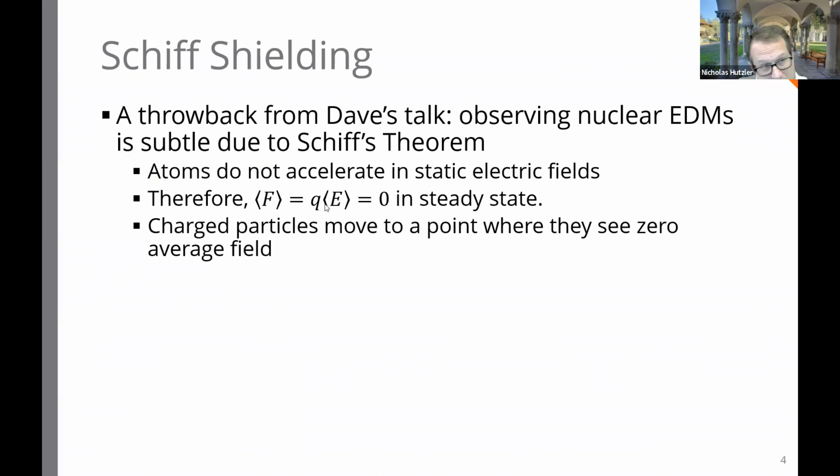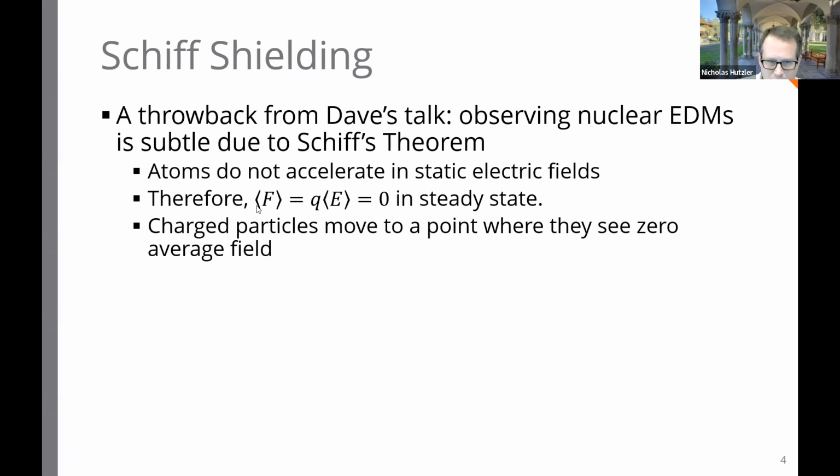So to remind you, to go back a bit, something that Dave talked about earlier: observing any EDM, not just nuclear EDMs, in atoms or molecules is complicated due to Schiff's theorem. That's an observation that atoms and molecules don't accelerate in static electric fields.